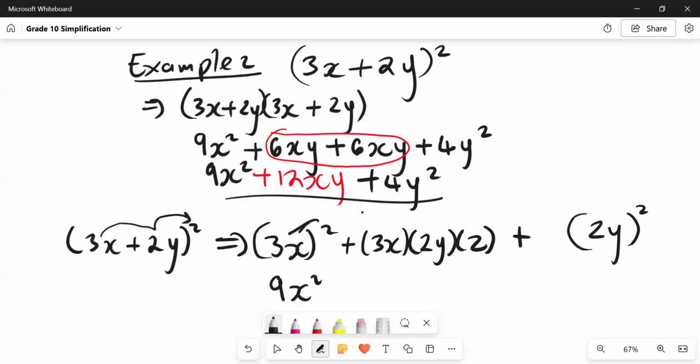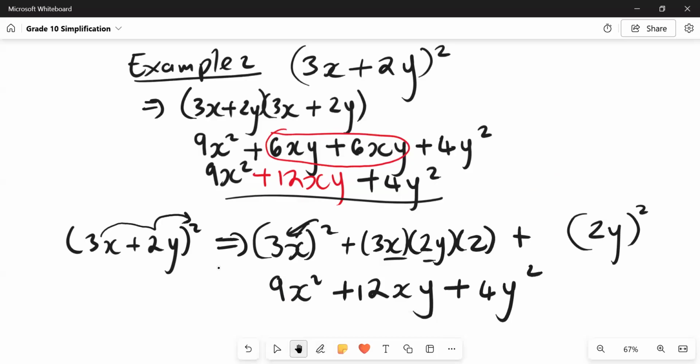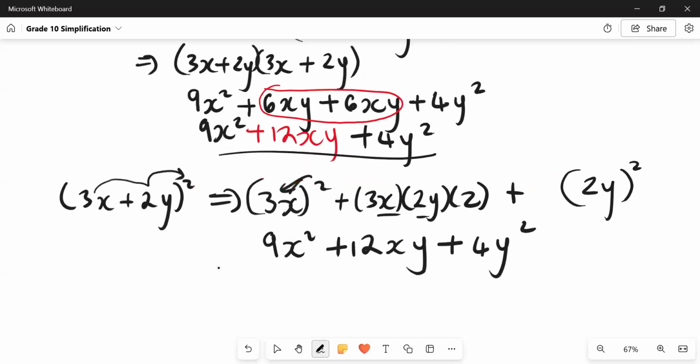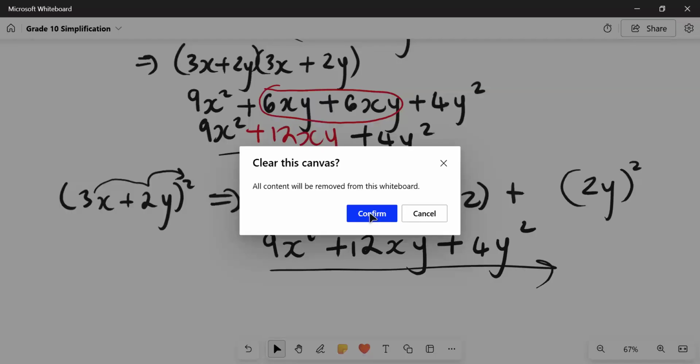Then 3 times 2 times 2, that's plus 12xy, and then plus 4y squared. Then the answers are the same, which means we are done. Now let's move to the next example, which is example number 3.